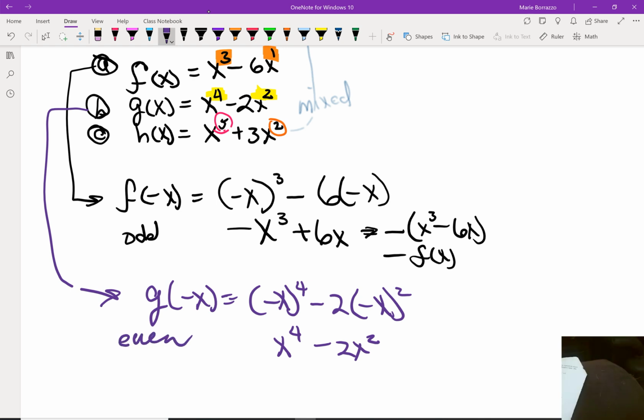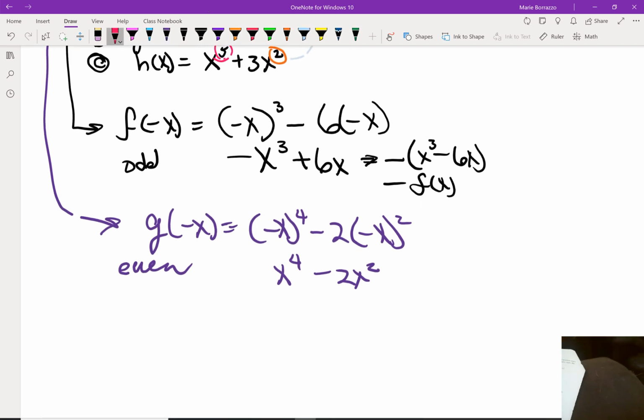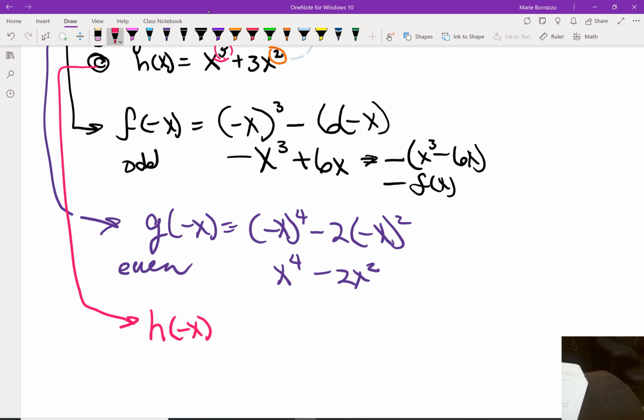The long way. Now, if I did the third one, you get a mismatch of values. Because if I do h of negative x, this is going to give me negative x to the fifth power plus 3 times negative x to the second power.